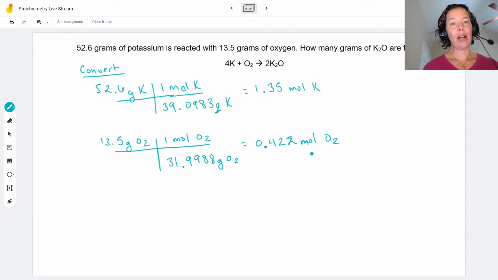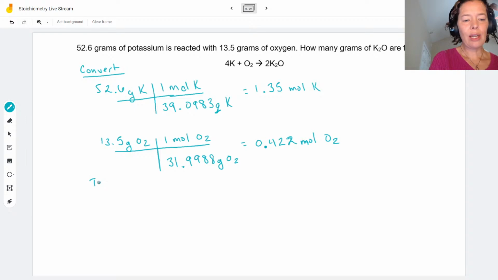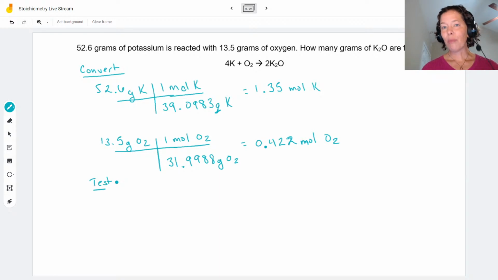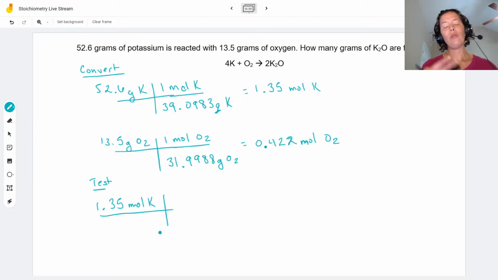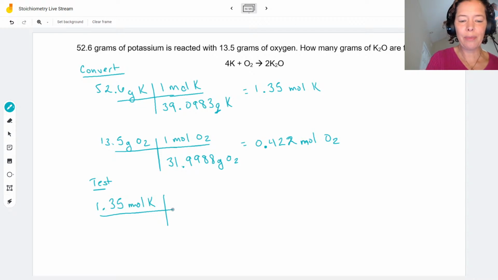Let's go ahead and run our test. So again, I'm trying to determine what is my limiting reagent before I do any of my stoichiometry and predicting problems. So here are my test runs. I'm just going to start with potassium, but of course I will test both of them so you can see both of them. So let's say here are my moles of potassium. If I'm going to use up all of my potassium, how much oxygen would I need to do that?